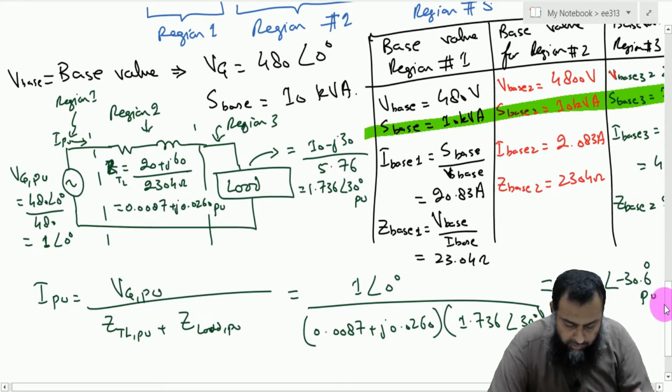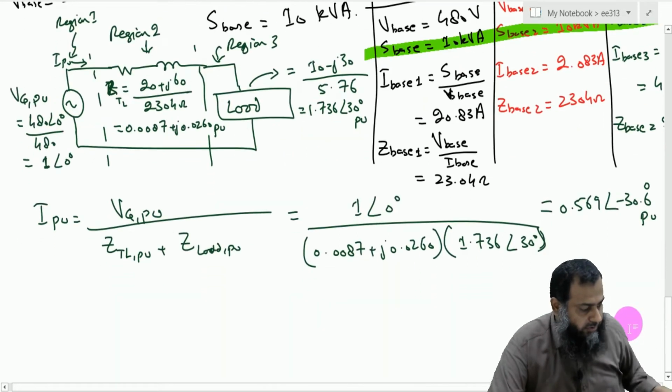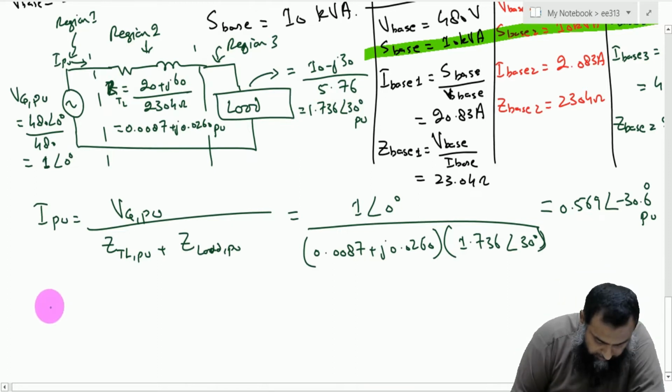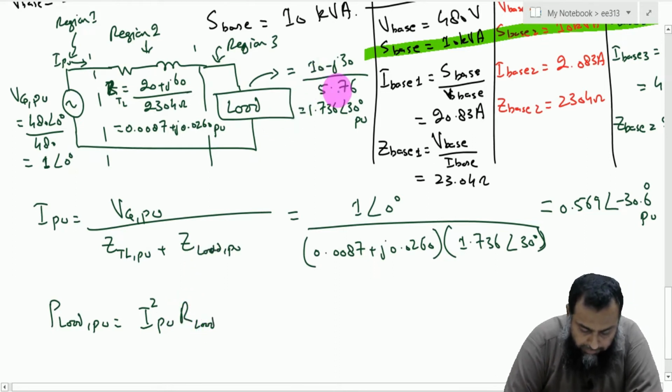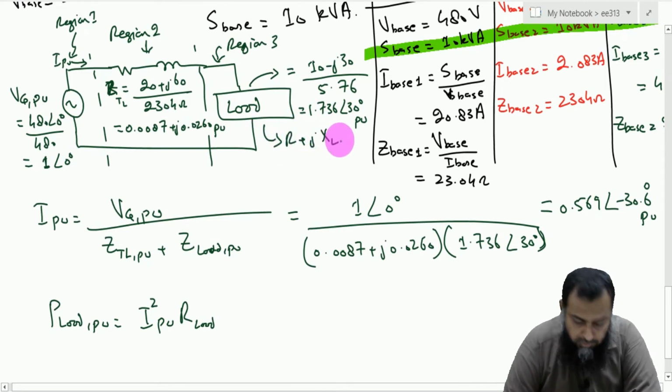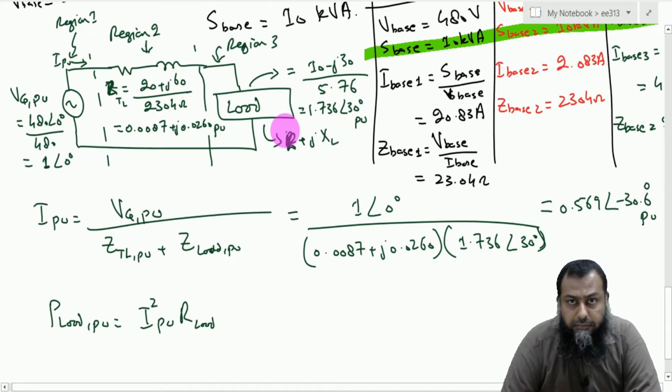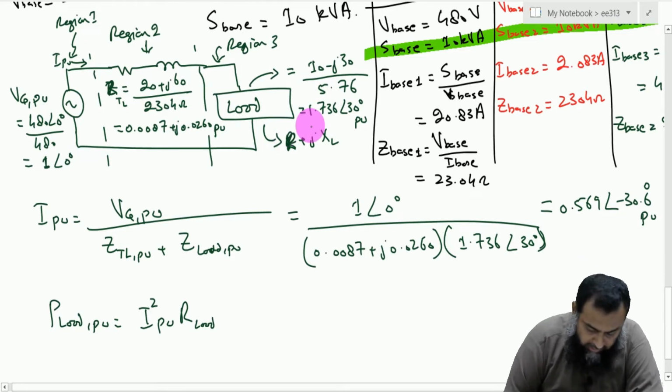So, now that we have calculated this in terms of the per unit value, we can find out the P load in per unit, which is equal to I square per unit into the real value, or the R, of the load. Because this load is a complex one, R plus JXL, right. So, we do have the impedance available here, but the real power is concerned with the resistance only. So, that is the R load.